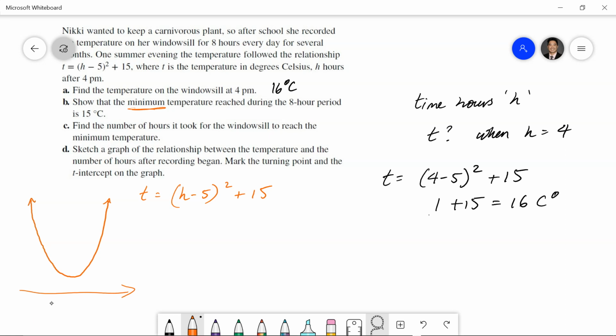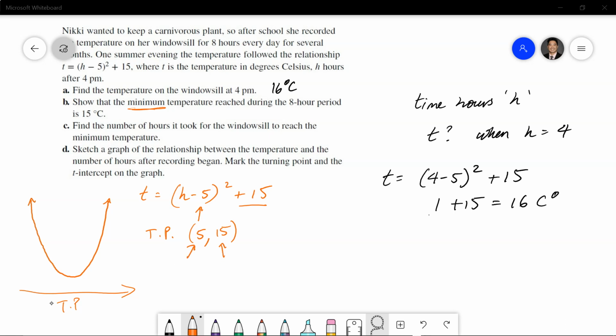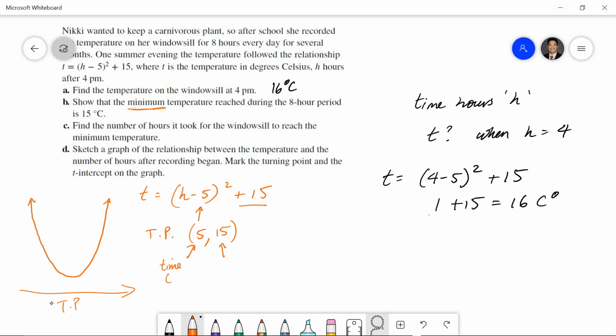Okay, so the turning point is basically, remember that it's going to be the reverse of that, so that means it's 5 and 15. So that's going to be our turning point. The 5 represents the time in hours, and then 15 is representing the temperature in Celsius degrees.